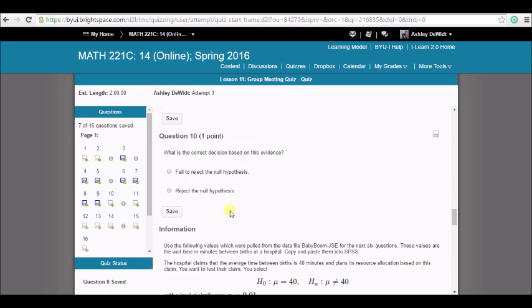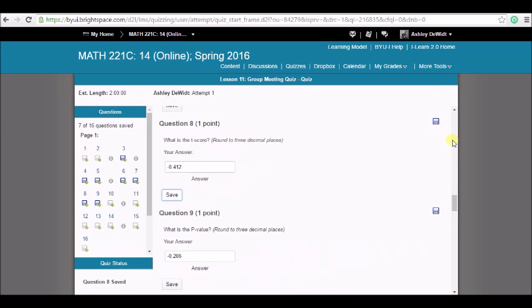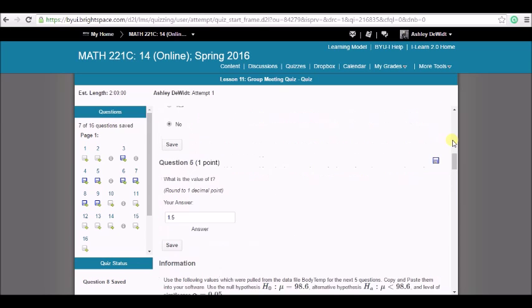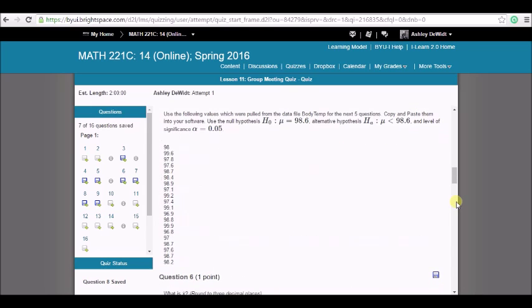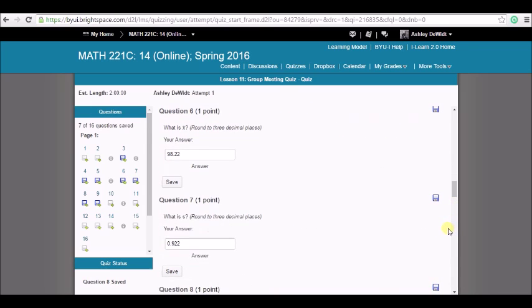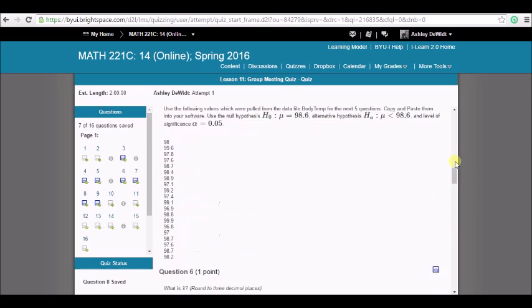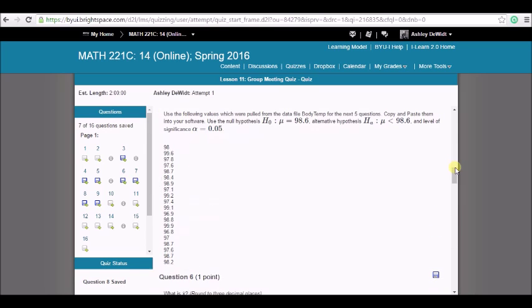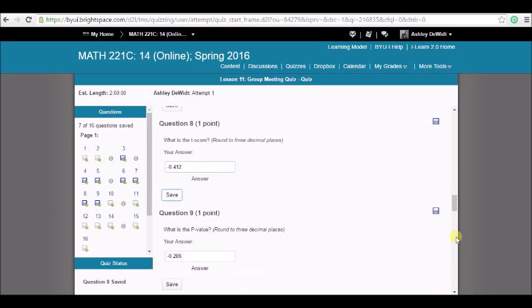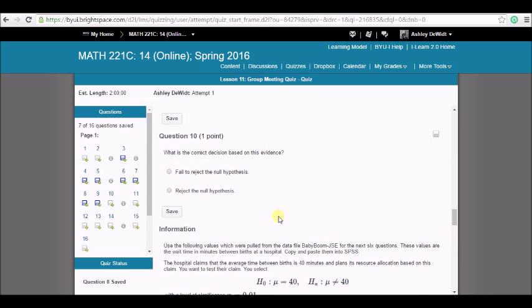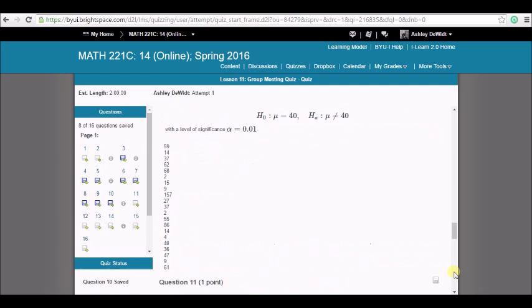Okay. What's the correct decision based on this evidence? I think reject the null hypothesis because the alternative hypothesis was right. Yeah. Okay.